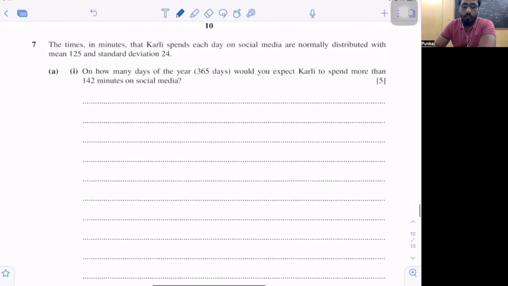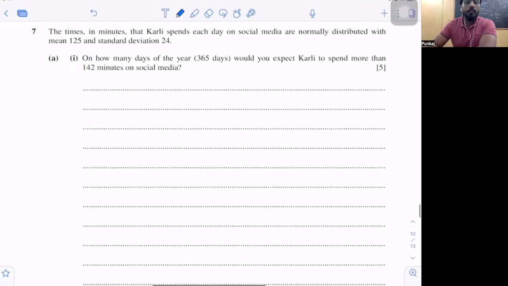So what does the question say? The times in minutes that Carlyle spends each day on social media are normally distributed with mean 125 and standard deviation 24. So you know how to represent a normal distribution, right? Let's say X is a random variable. When you say normal distribution, it is usually a continuous random variable.